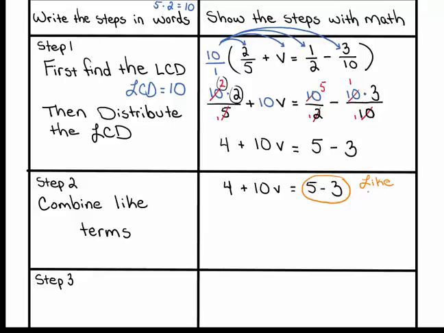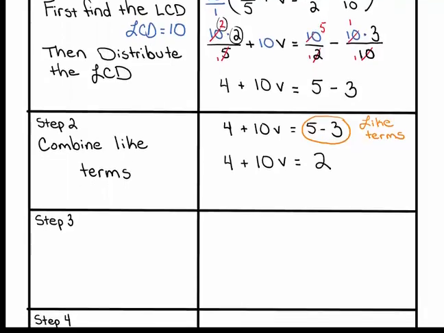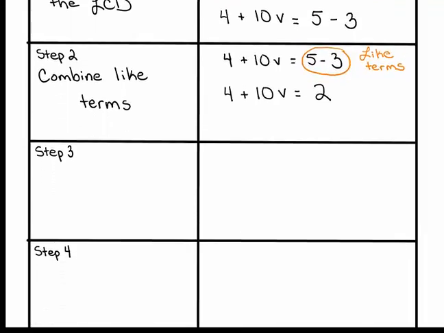Five minus 3, those are like terms, so I can combine those two together. 5 minus 3 is going to give me 2. Okay, now we're ready for step 3.